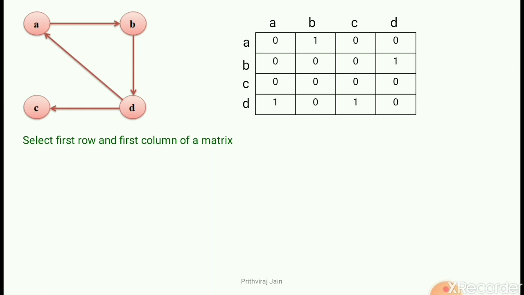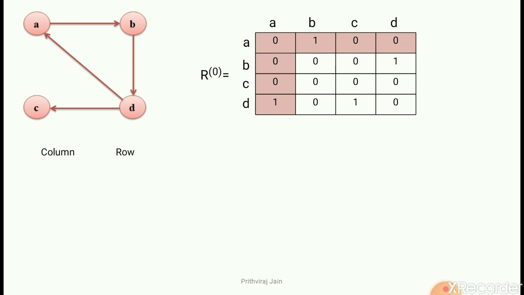Next is to select the first row and first column of the matrix, and we'll consider this matrix as R0. We'll take the non-zero values, column wise as well as row wise.